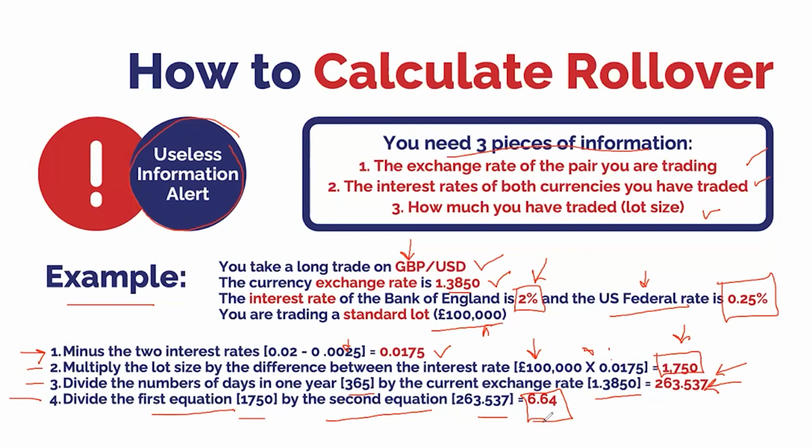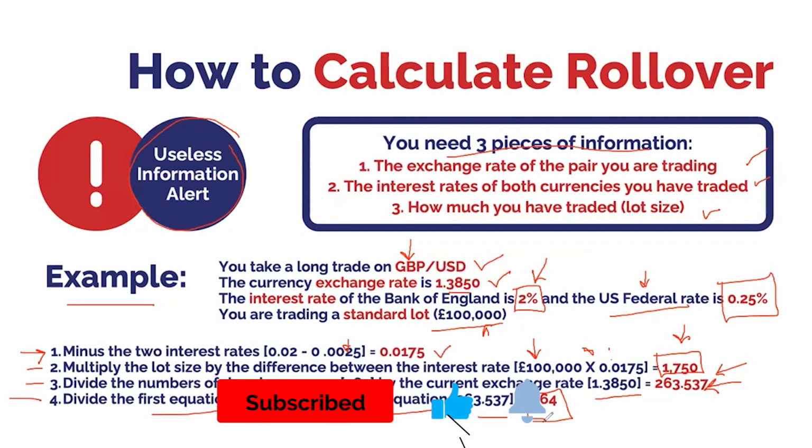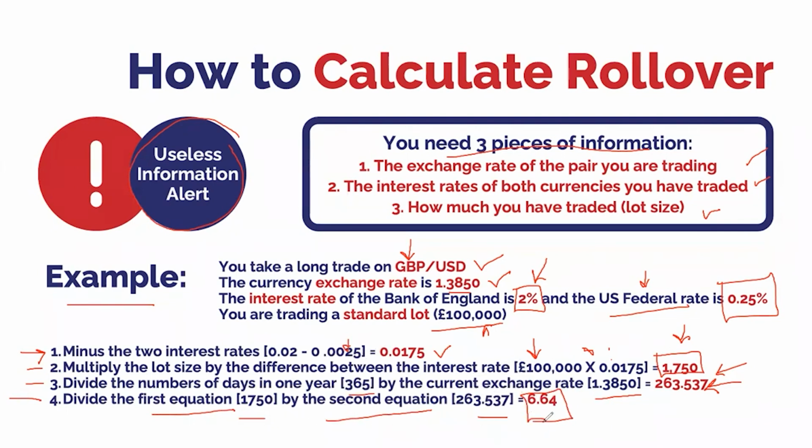So just be mindful of that. You're going to be 2 pips in, 3 pips in before you've even made it into the green, or you could be 3 pips down before you've entered the trade, because you're getting charged a pip to take a trade, and you're getting charged a pip to enter a trade, and you're also going to be getting charged nearly a pip to hold it overnight, or £6.64, right? So just be mindful of that.